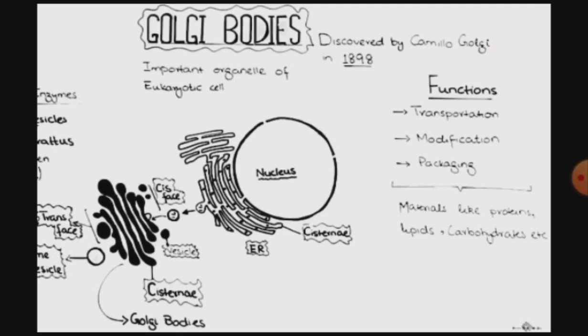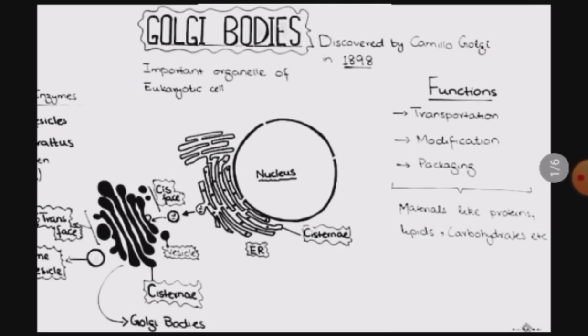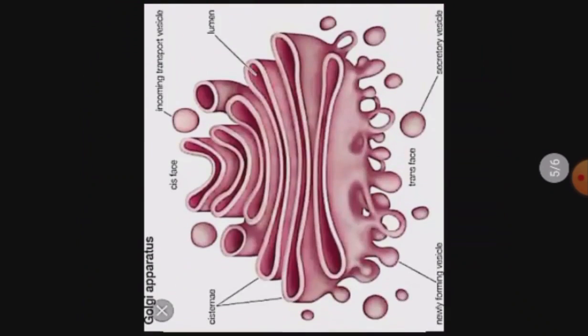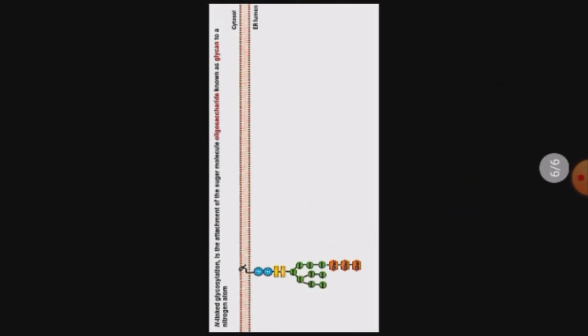I will show the slide in the last video. Let me explain a little bit of N-linked glycosylation that occurs in the processing of protein in rough endoplasmic reticulum.